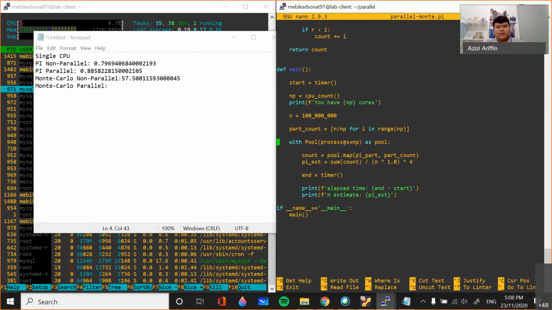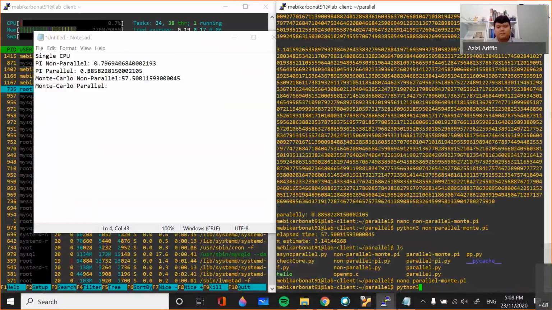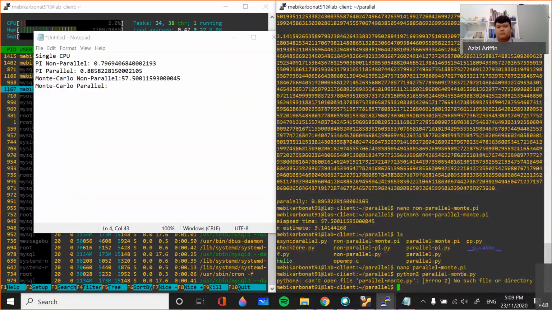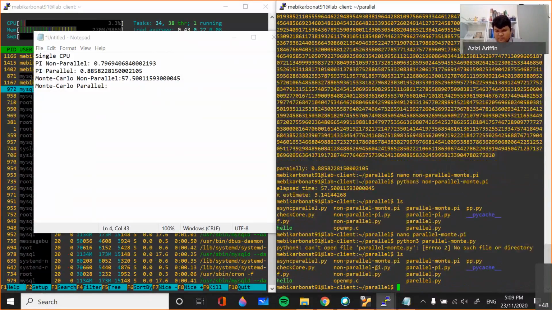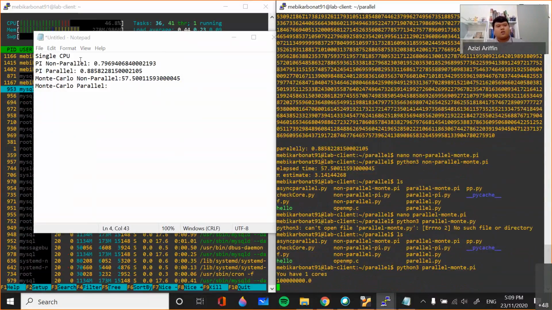Baik, so kita try run pula. Python 3 parallel Monte. Ada satu core.